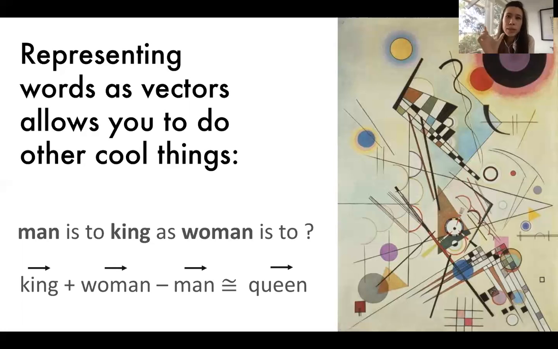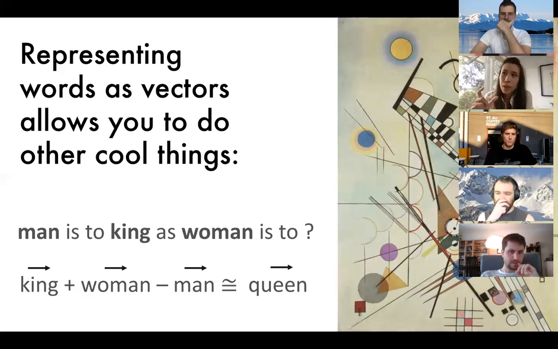what we can do is take the vector for king, add the vector for the word woman, and subtract the vector for the word man, and then ask our model to find the word with the vector closest to the resulting sum.